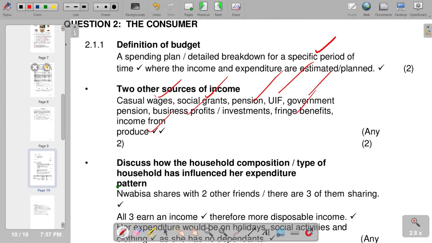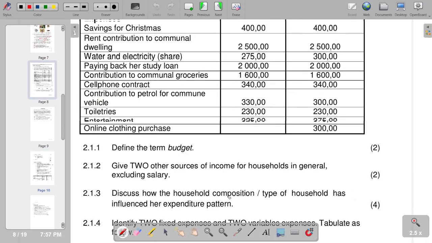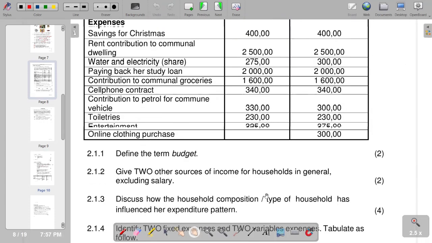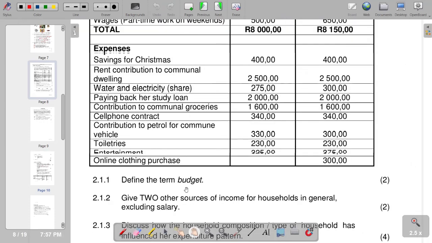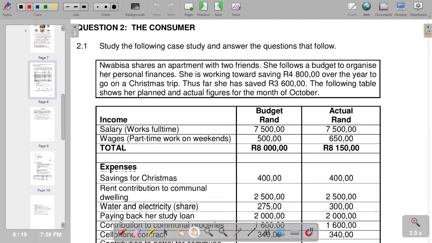Discuss how the household composition, type of household, has influenced her expenditure pattern. So how the household composition has influenced the expenditure pattern. So you'd see that the household composition for Nkabisa is shown in the information that we have, that Nkabisa shares an apartment with 2 friends.